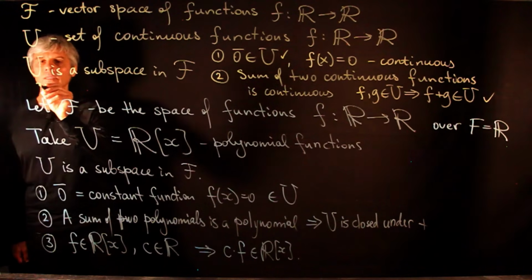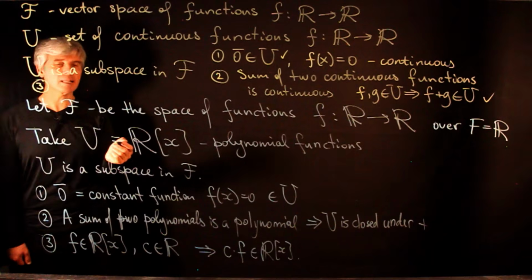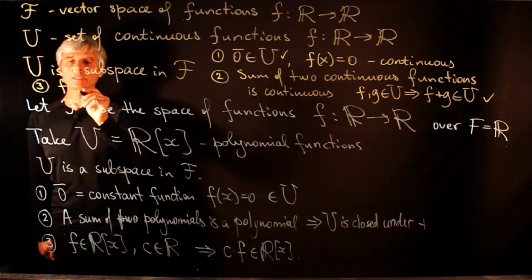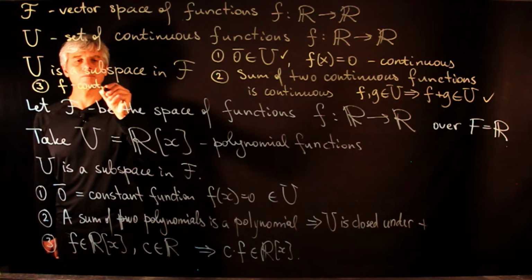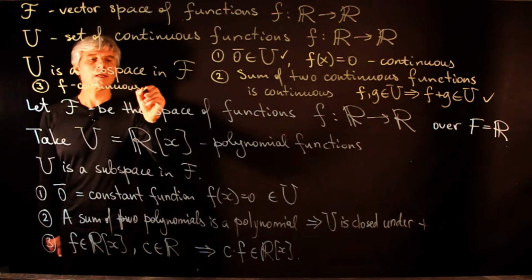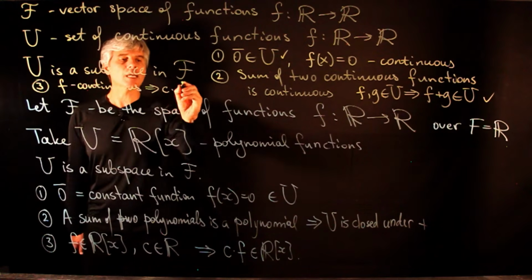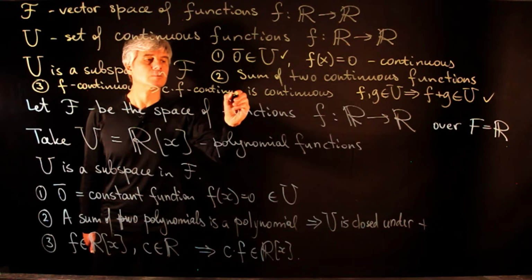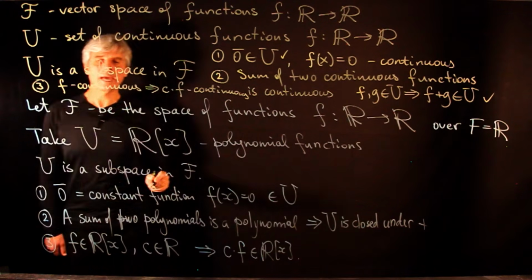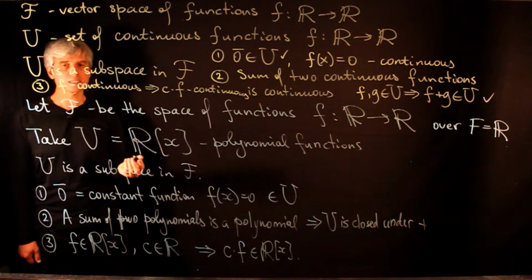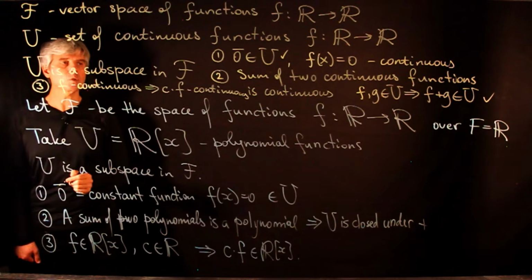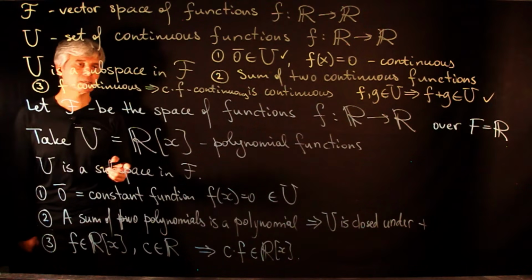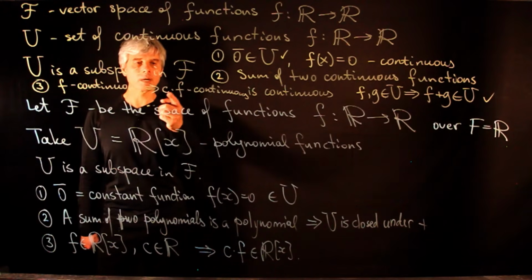And 3, this also follows from calculus. So if f is continuous, then c times f is continuous. And so this means that this subset U is closed under constant multiples, right?